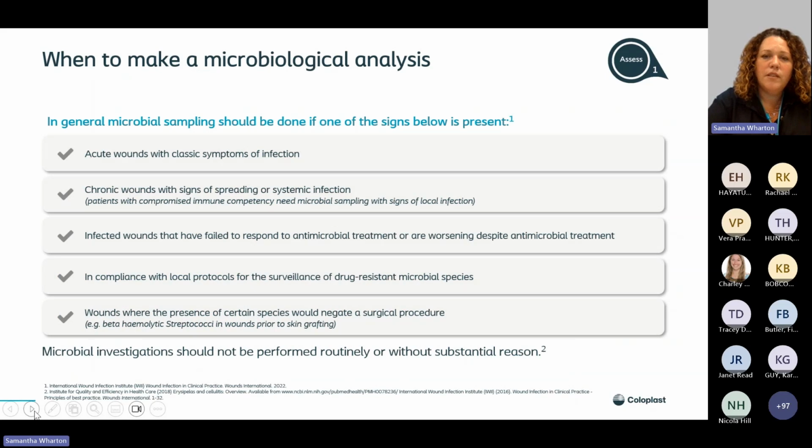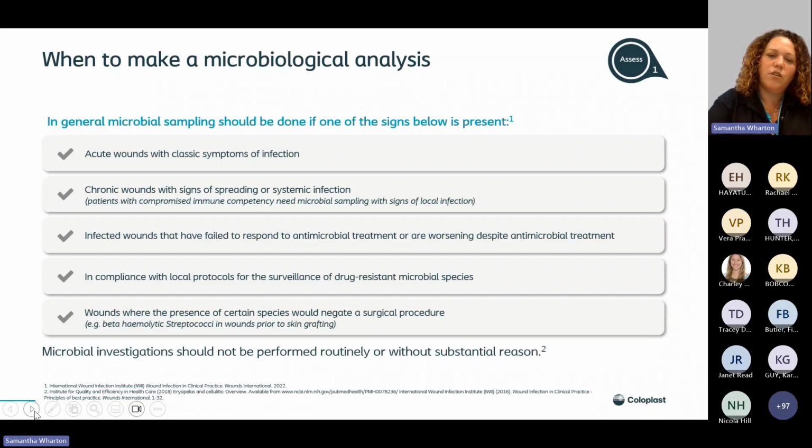When do we swab? Obviously, follow your local protocols and policies. But if you've got an acute wound with those classic signs and symptoms of infection, you could do a swab and then make sure that you're choosing the most appropriate antibiotic to manage those microorganisms. Also when there are signs of spreading or systemic infection, or infected wounds that have failed to respond to antimicrobial treatment, in compliance with your local protocols.